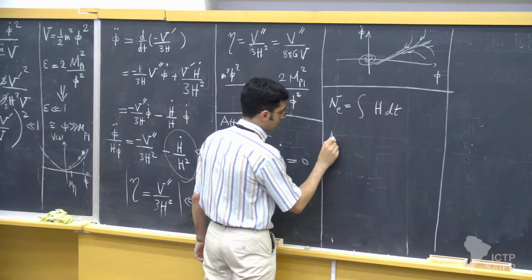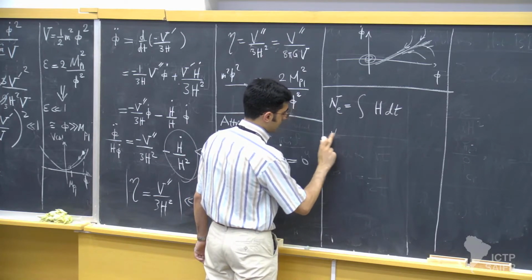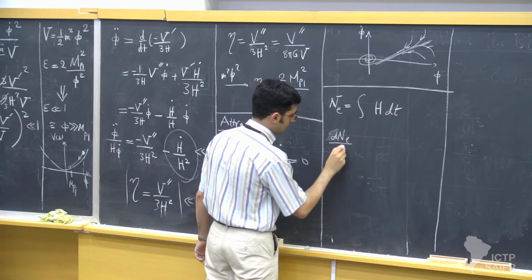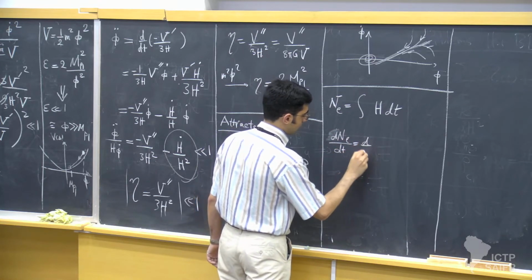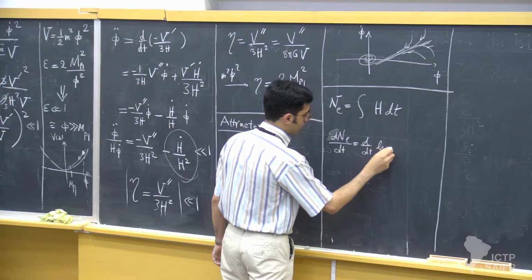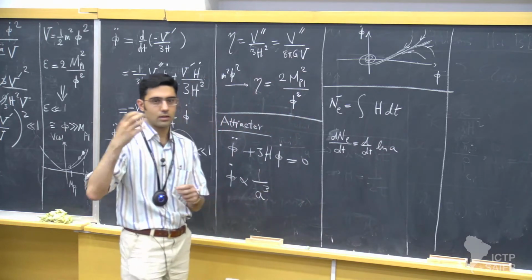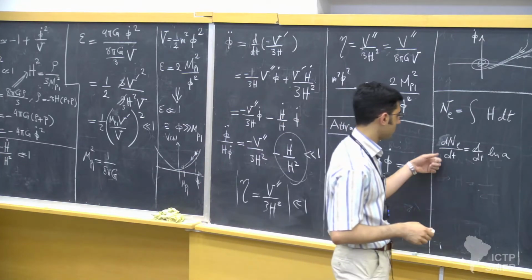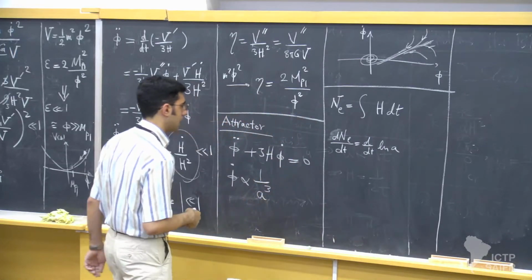Because let me just say that dN_e over dt is just defined by the time derivative of the log of a. So we want to say how the logarithm of a is changing with time. And then we integrate that equation.